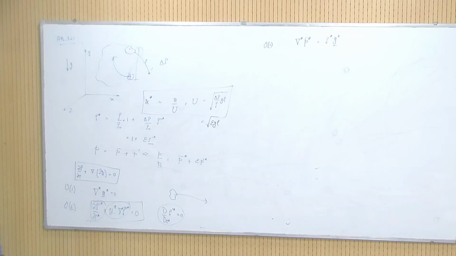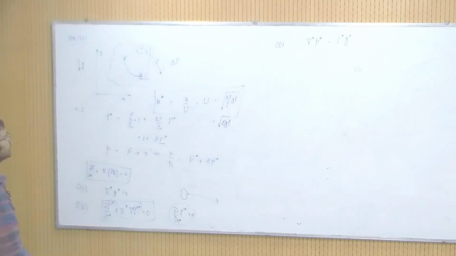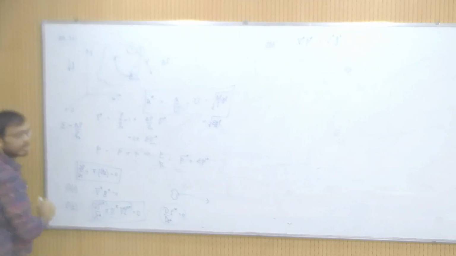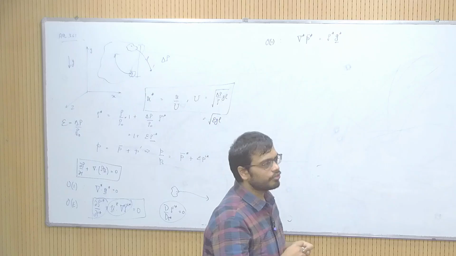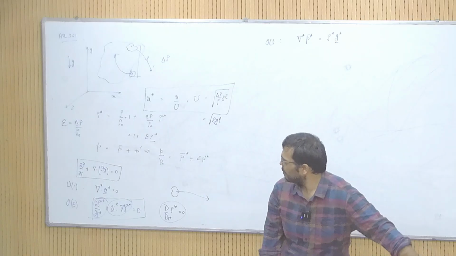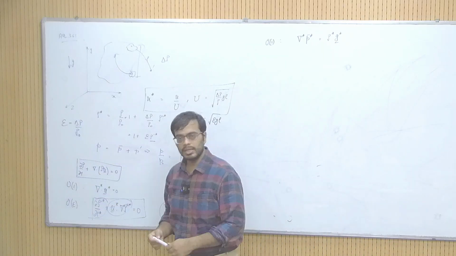I understand what order epsilon is, so epsilon was defined as this. The idea is that let us say in a flow you have density fluctuations, this is delta rho by rho naught.